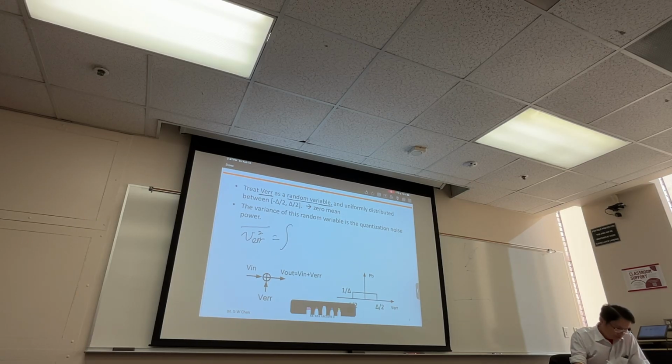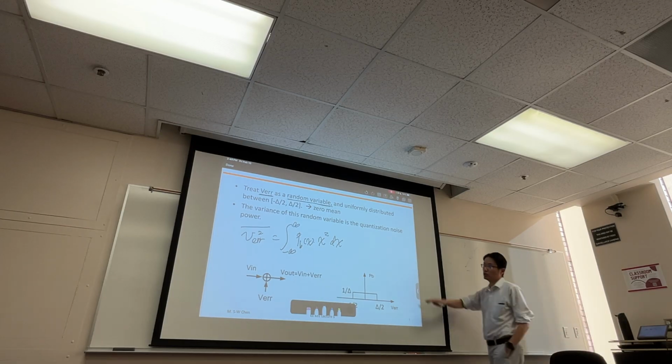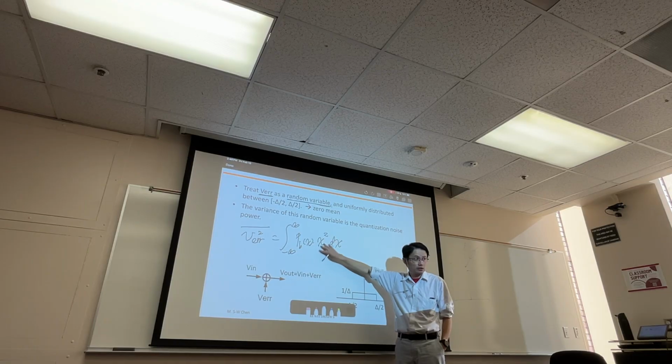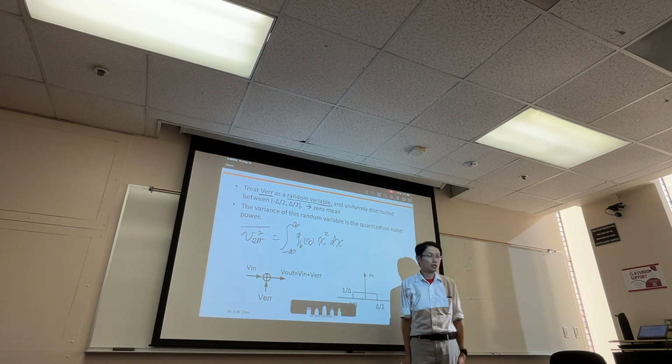Because this is a random variable, you need the probability. So you take the probability of x times x squared, and you integrate. You look at x squared, that's your second moment, and you have to look at the probability, averaging out all the different values.